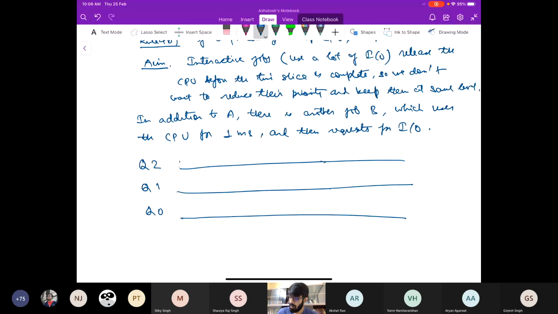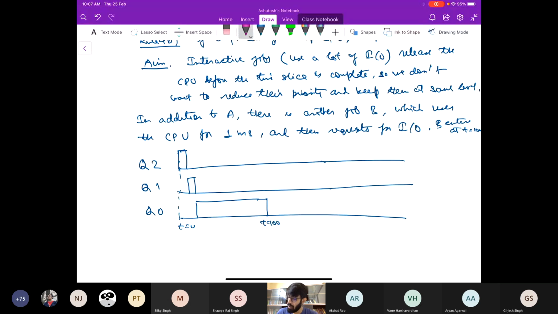And so t is equal to 0. A runs here, and suppose B comes at t is equal to 100 again. A uses 10 milliseconds here, 10 milliseconds here, then goes from here to here. Now this is t is equal to 100.